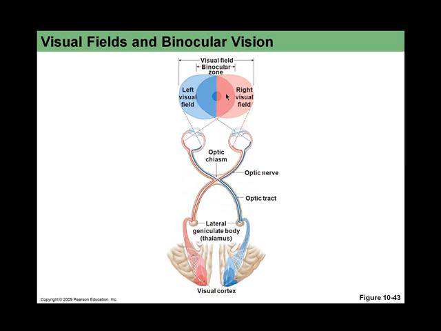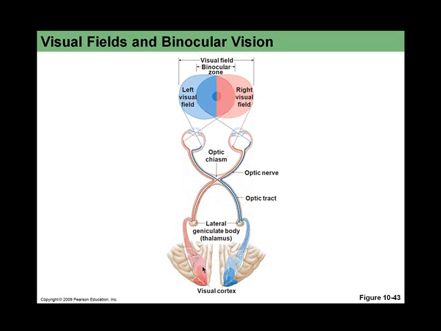Some of the information is being projected to both primary visual cortices, and you can see the intensity of the red here representing the most centralized portion of the visual field, and it corresponds to the highest intensity blue on the contralateral visual cortex.